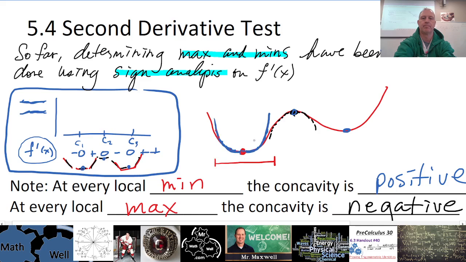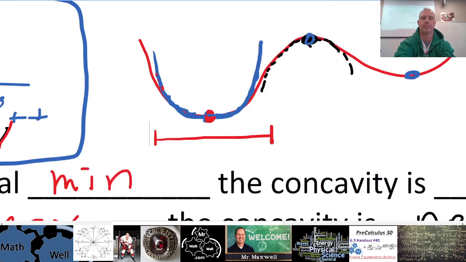So let me say that again. In order for this to be a minimum here at this red dot, the graph needs to be curving up like this, right? Because it's got to be concave up on this side, and concave up on this side, and then there's your local minimum.